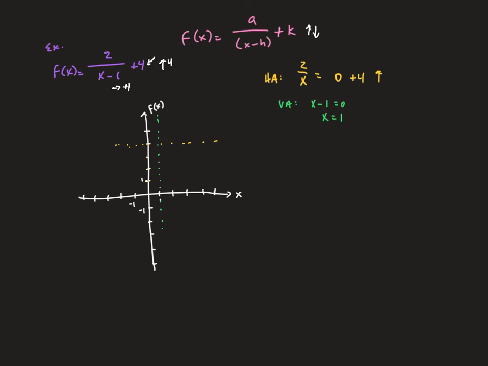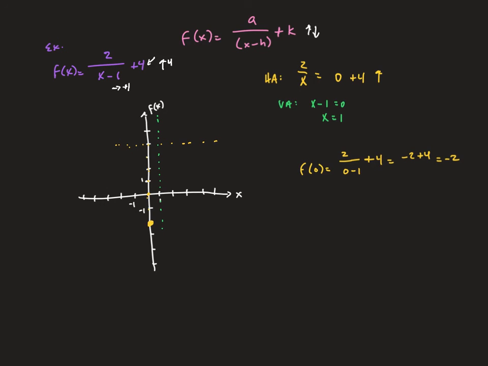And that only leaves me to plug in a few values to see where I'm at. If I just pick one value, and I'll say that f of 0 is equal to 2 over 0 minus 1, plus 4, so I have negative 2 plus 4, which is 2. So I'm going to be at 0, 2.